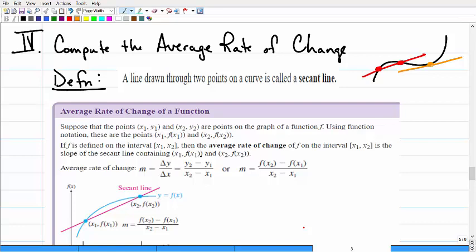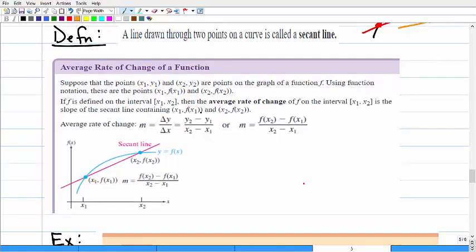And we're wanting to know what is the average rate of change of a function from one point to the other. And by definition, we say that the average rate of change is the slope of that secant line right here.